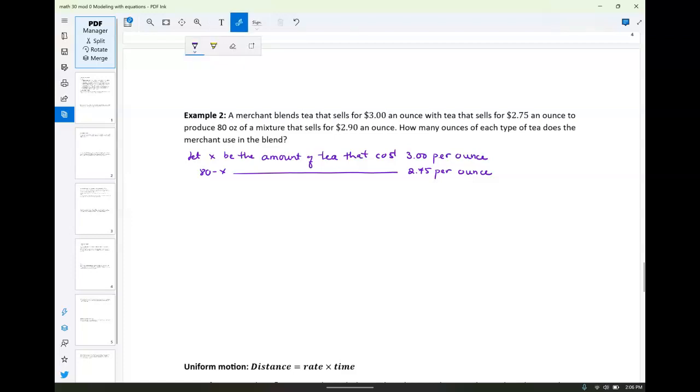Now, we solve this problem based on the cost of each type of tea.